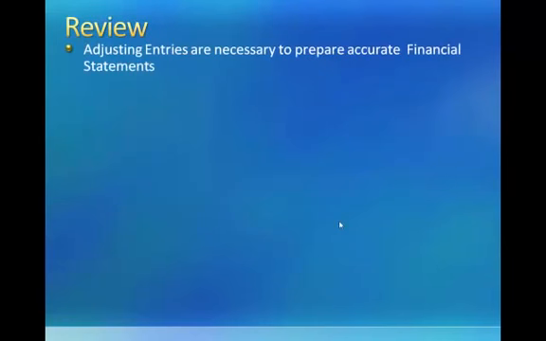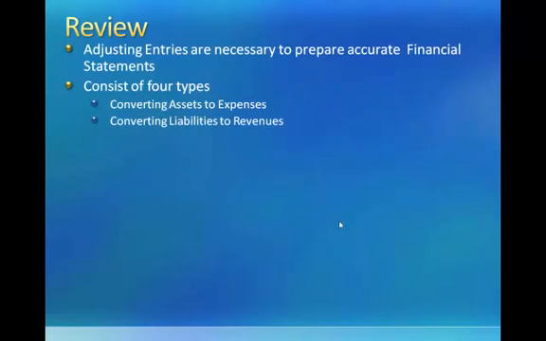Let's review and bring it all together. Adjusting entries are performed at the end of the reporting period to allow firms to prepare an adjusted trial balance. There are 4 types of adjusting entries. The first entry converts assets to expenses and is designed to make sure net income is not overstated. The second entry converts liabilities to revenue accounts and is designed to make sure net income is not understated.